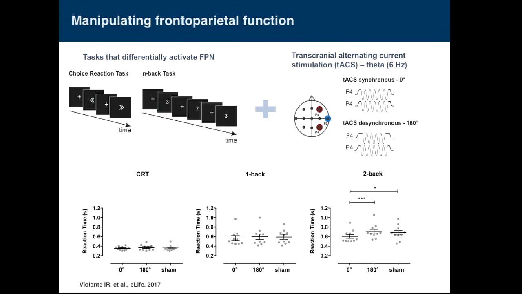And what we observe is that when we have the most challenging condition, so the 2 back condition, during this in-phase stimulation between the electrodes in frontal and parietal, participants got better, meaning that they were faster than in the sham condition or in this desynchronized condition. And indeed, they were as fast as they were for the 1 back condition.